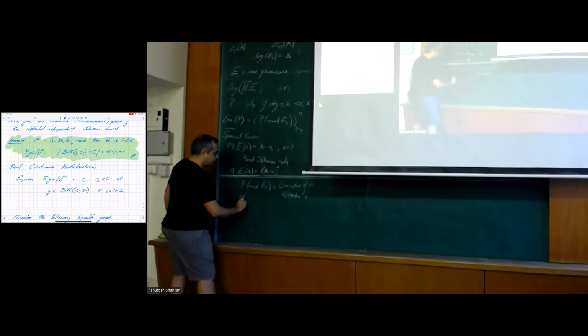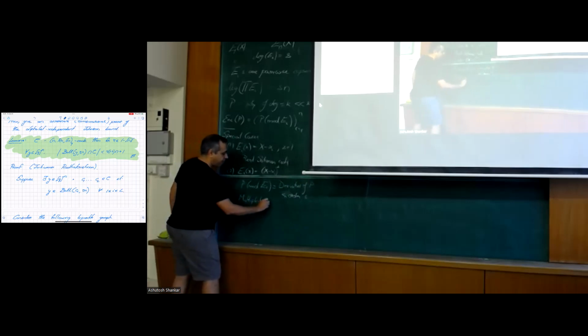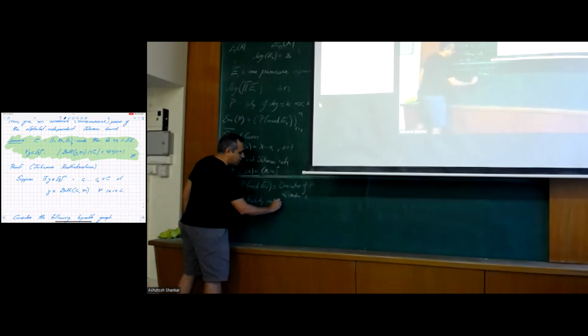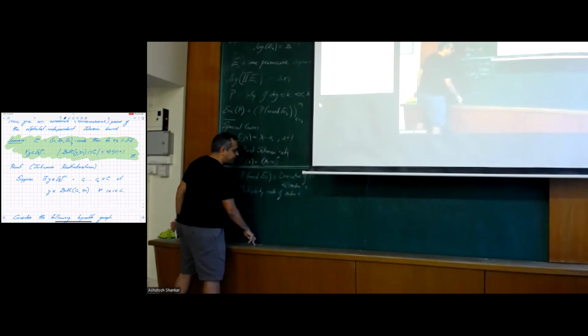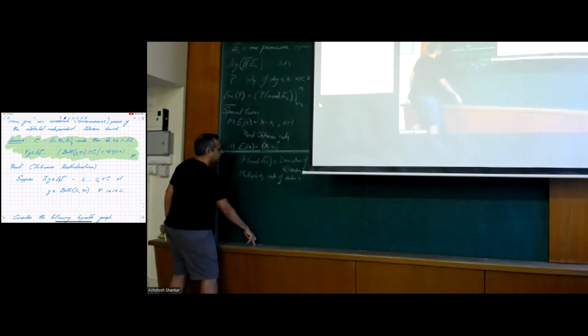This is what's called the multiplicity code of order s. In particular, the multiplicity code of order 1 is exactly the Reed-Solomon code.